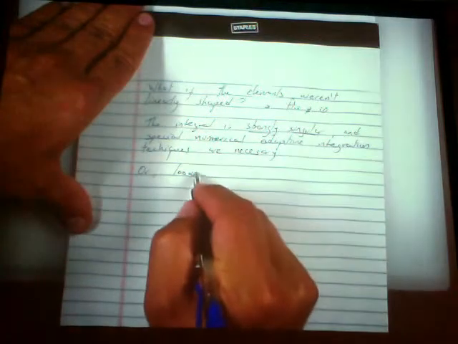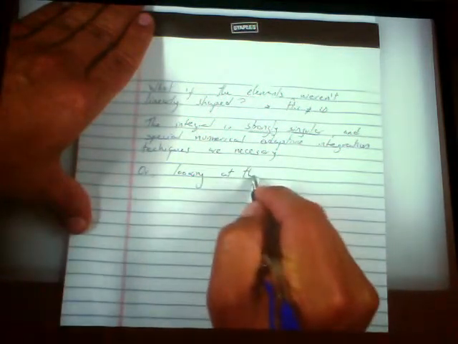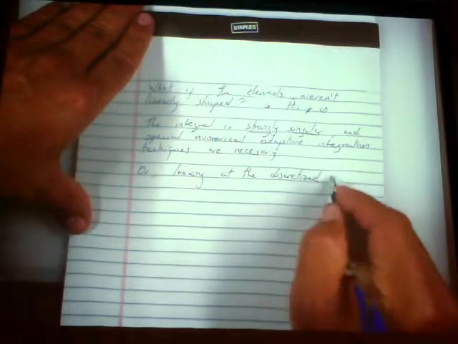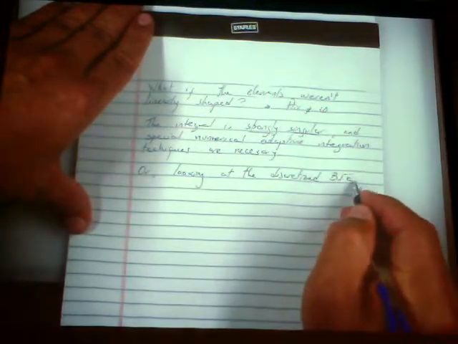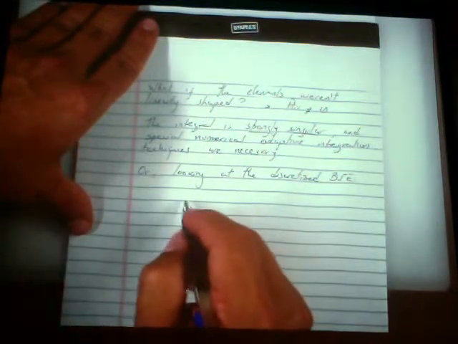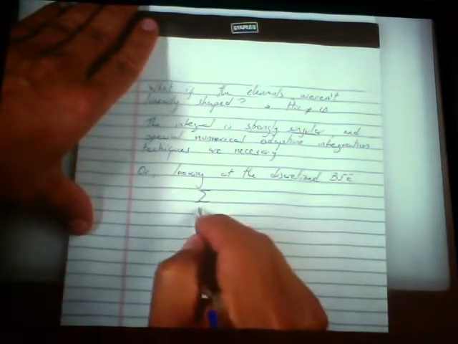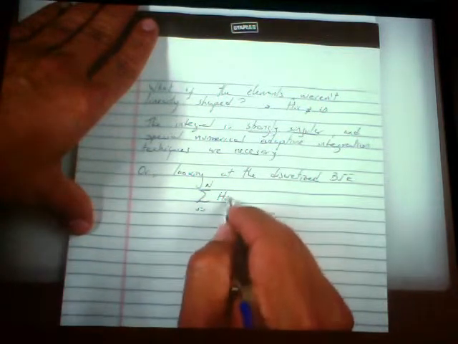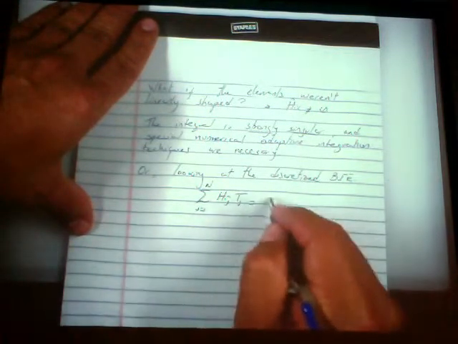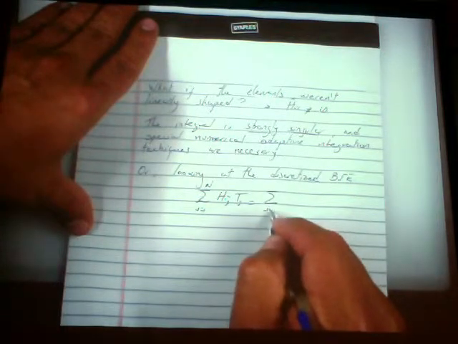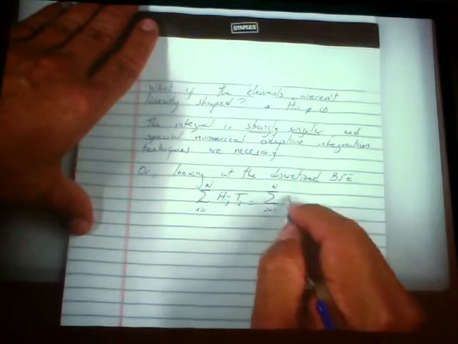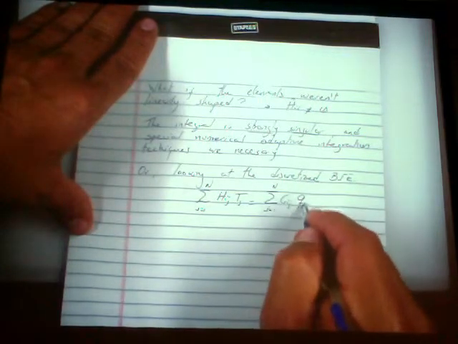But in any case, looking at the discretized BIE. All right, so we have the summation from j equal 1 to n of hij tj is equal to the summation from j equal 1 to n of gij qj.